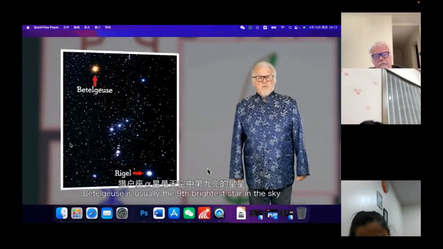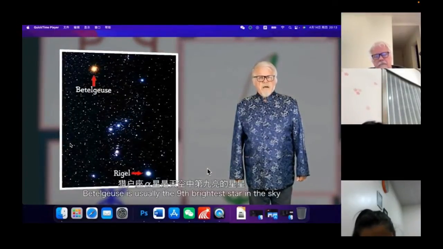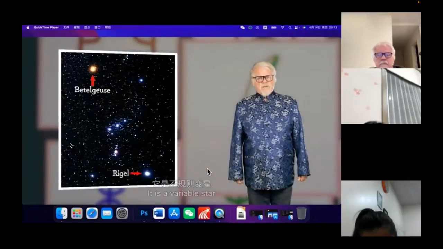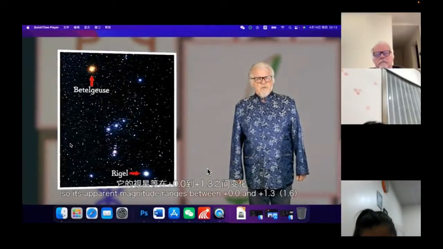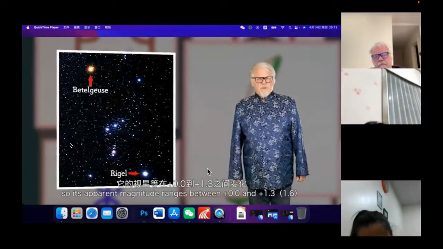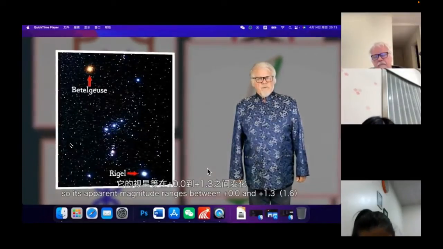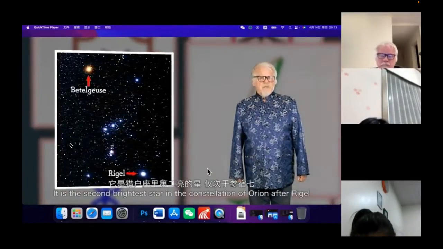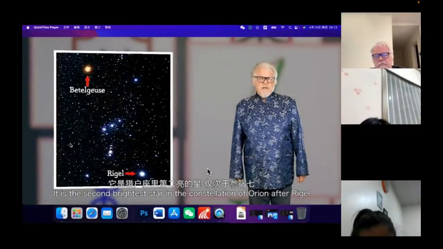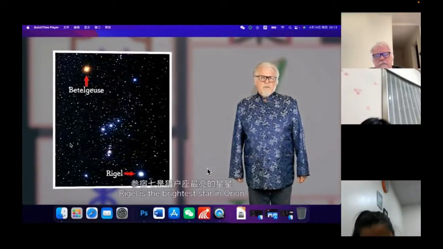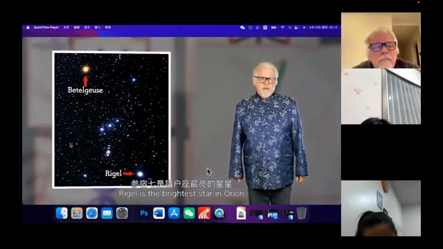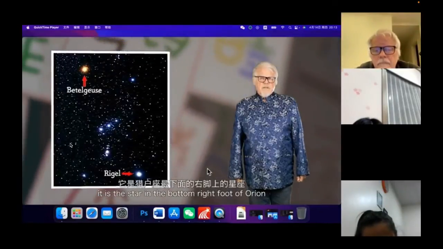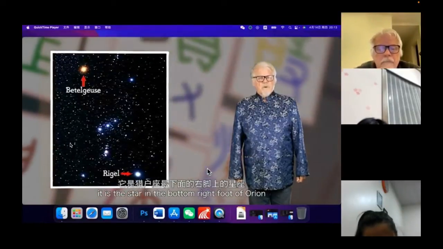Betelgeuse is usually the ninth brightest star in the sky. It is a variable star, so its apparent magnitude ranges between 0.0 and 1.3. It is the second brightest star in the constellation of Orion after Rigel. Rigel is the brightest star in Orion. It is the star in the bottom right foot of Orion.